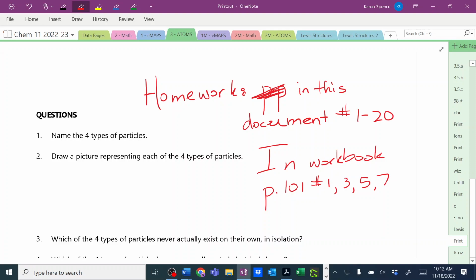Folks, you'll probably be able to get close to finished this. And then for homework, there's going to be review on dot and cross diagrams, because your quiz on that is on Monday. If you're planning on doing the enriched part of the quiz, you'll also want to do page 104, number 11 to 17. If not, you can skip that.